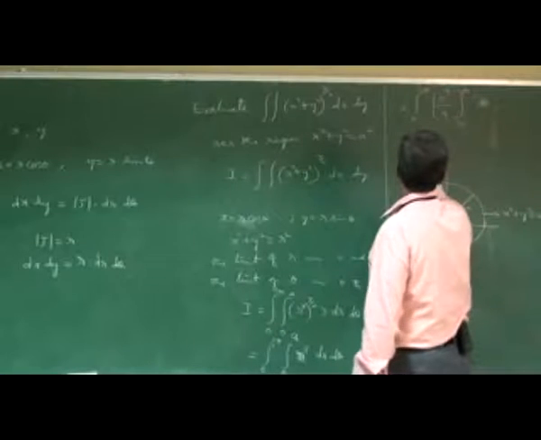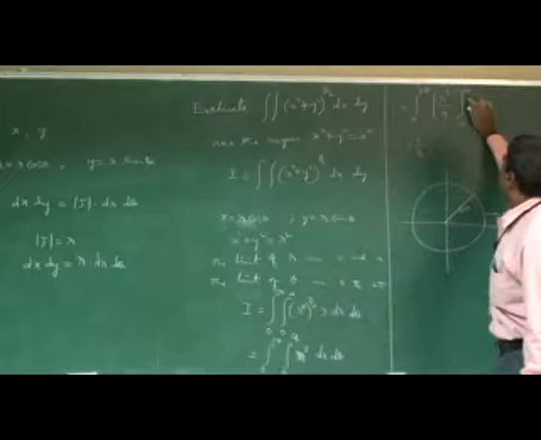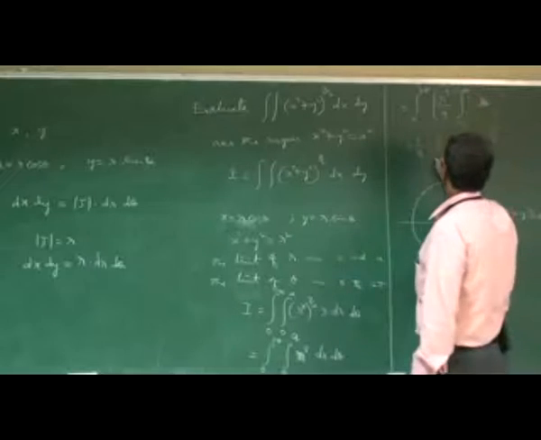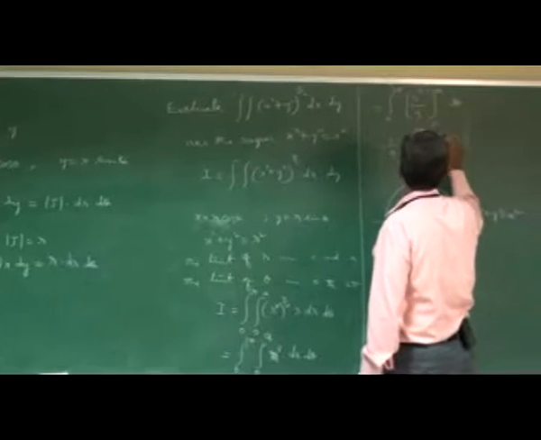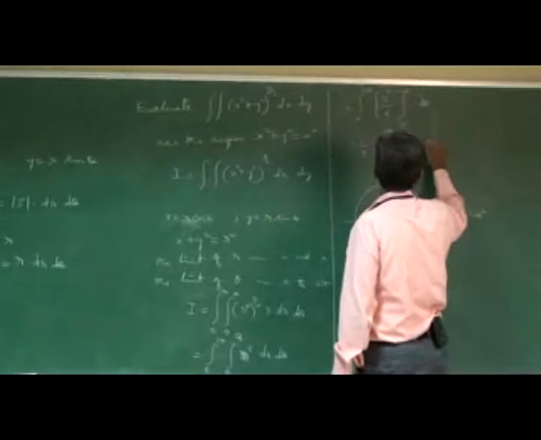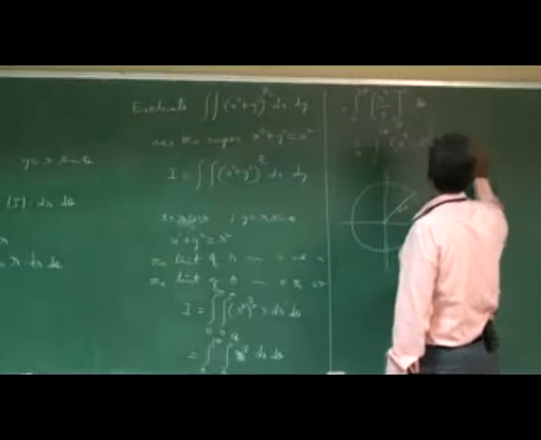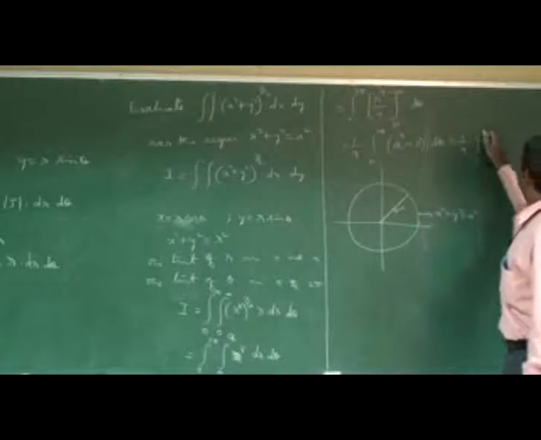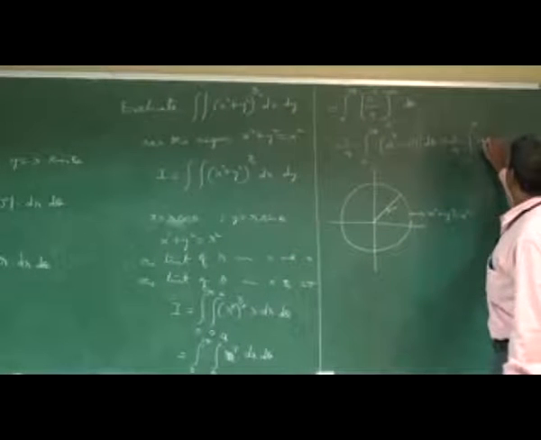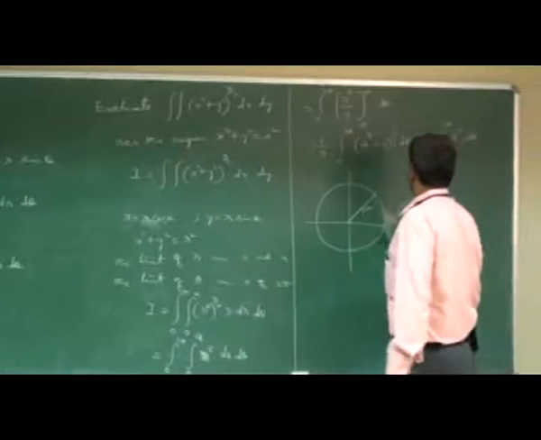So that is 1 by 9 times the integral from 0 to 2 pi of (a to the power of 9 minus 0) d theta, which gives 1 by 9 times the integral from 0 to 2 pi of a to the power of 9 d theta.